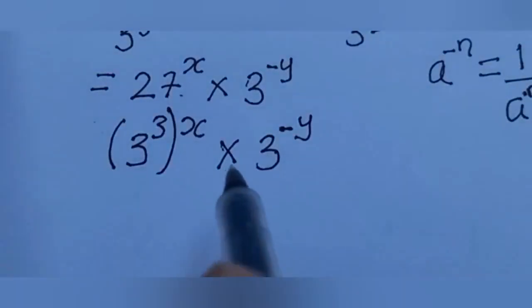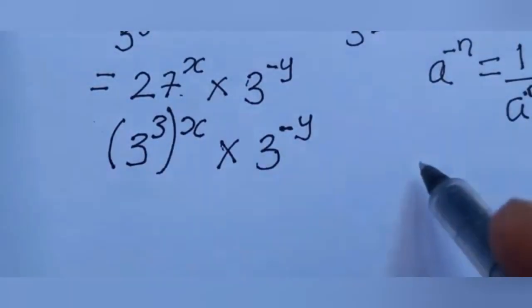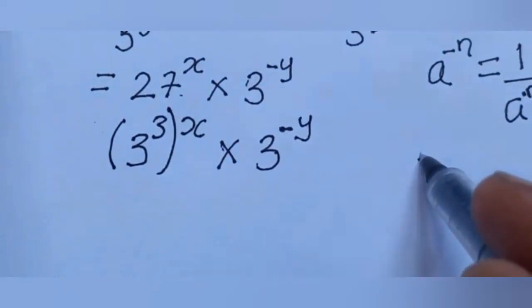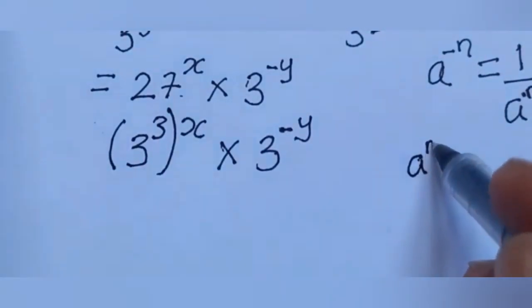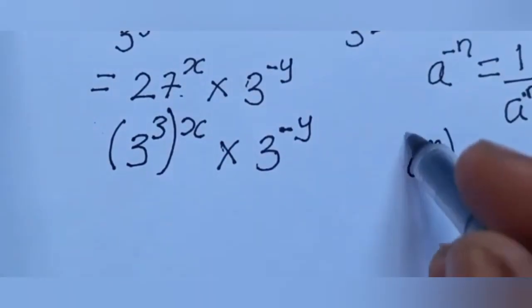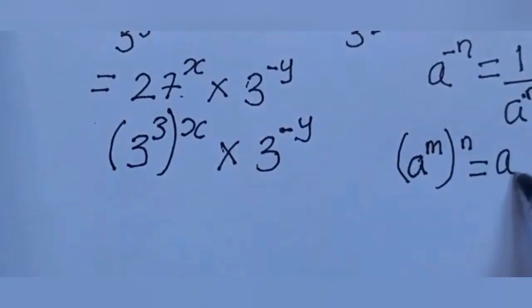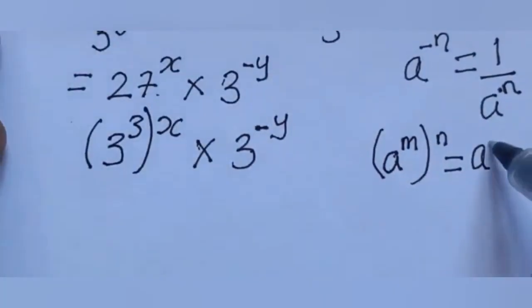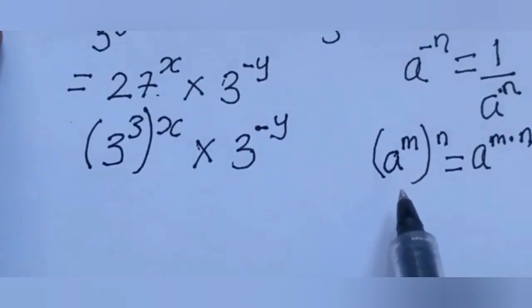So here, let us multiply the exponents by using the power rule. It says: a raised to m in the bracket raised to n equals a raised to m times n.